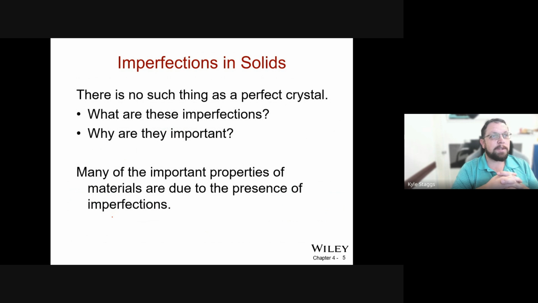We need to understand why these are important. Many of these properties are going to be something that happens as a result of the imperfections, and that becomes very, very important. So if there were no imperfections in metals, it would take inordinate strength to be able to move them.